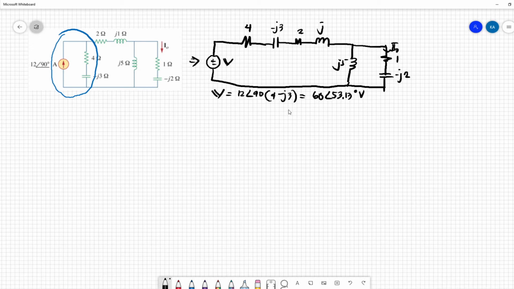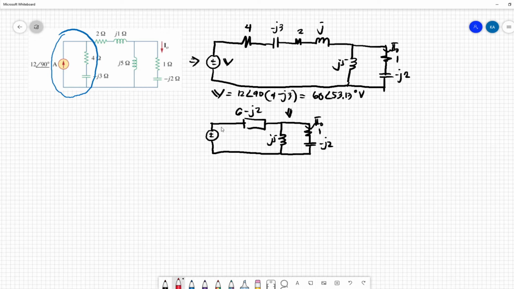Then we can further simplify the circuit. We can transform again this voltage source in series with this impedance into a current source in parallel with this impedance.